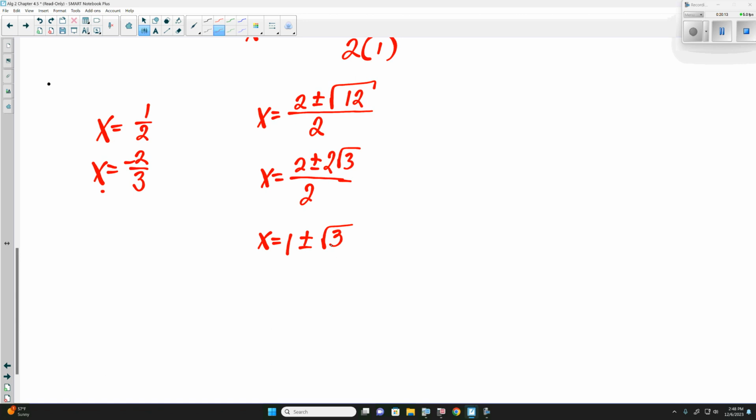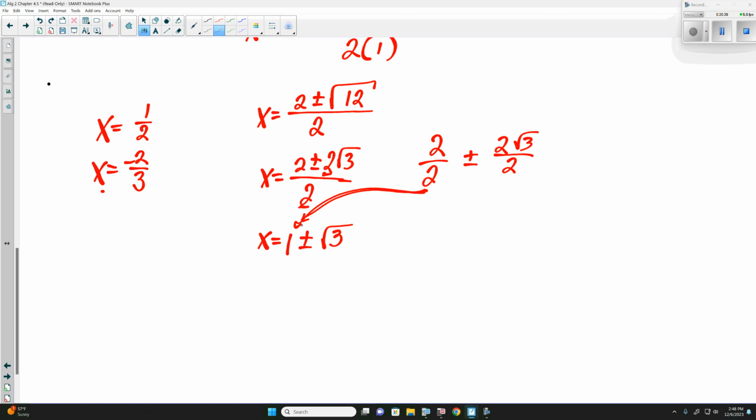Where did it go? Where did they go? Oh, you divided. Yeah, because we're going to say that this is 2 over 2 plus or minus 2 square root of 3 over 2. 2 divided by 2 is 1. So it's like 2 plus or minus 2. So this first 2 over 2 becomes, well, we split it up as 2 fractions.